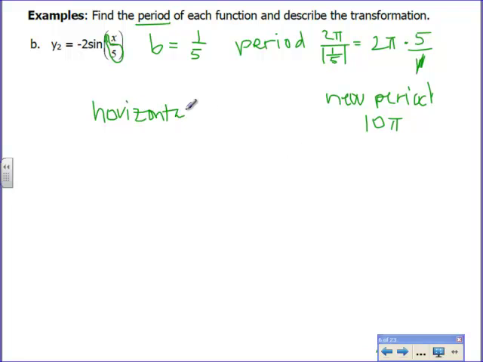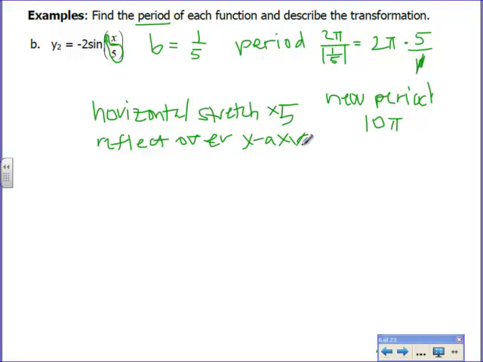So you've got a horizontal stretch times 5. In other transformations from out front, your negative out front will be a reflection over the x-axis. And the 2 out front is going to mean a vertical stretch times 2.